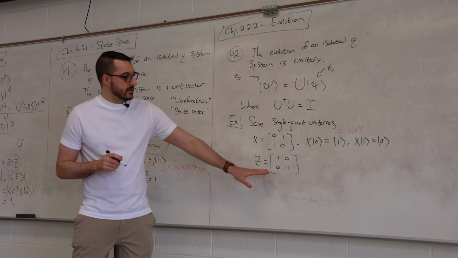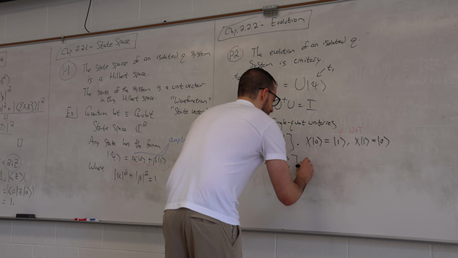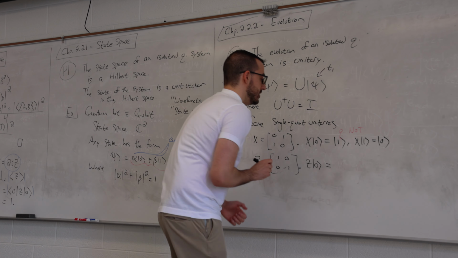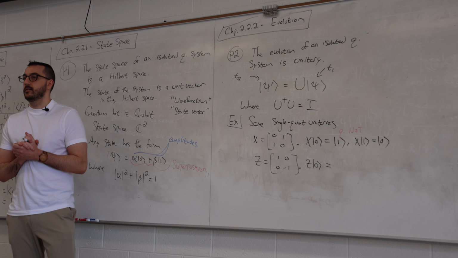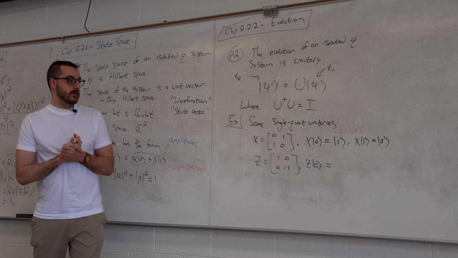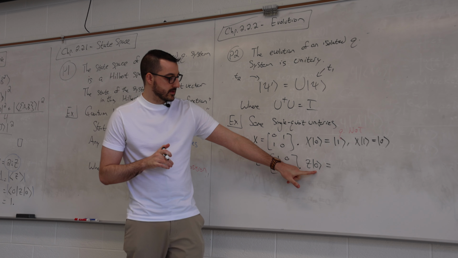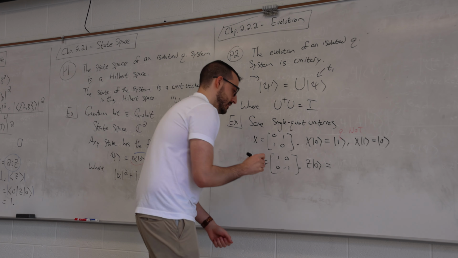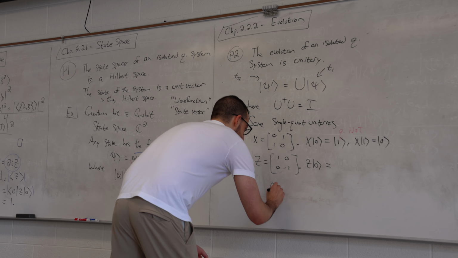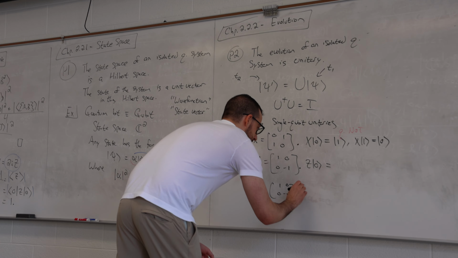Let's think about Pauli Z acting on these two computational basis states. Who could tell me what Z acting on ket 0 is equal to? So formally, how could you do this? You could use the definition of this matrix and the definition of this vector. So this would be this matrix 1, 0, 0, minus 1 applied to this vector 1, 0.